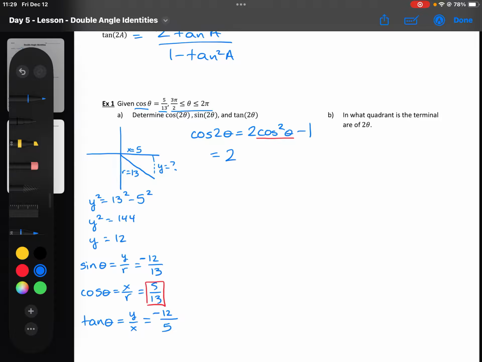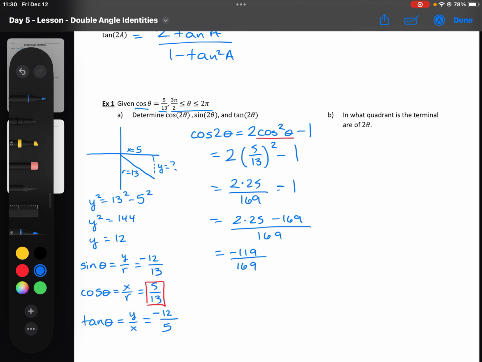So cos 2 theta is 2 times 5 over 13 squared minus 1. I can evaluate that to be 2 times 25 over 169 minus 1. I can change 1 to anything, so I'm going to change it to 169 over 169. When I simplify that, 50 take away 169, I get minus 119 over 169.